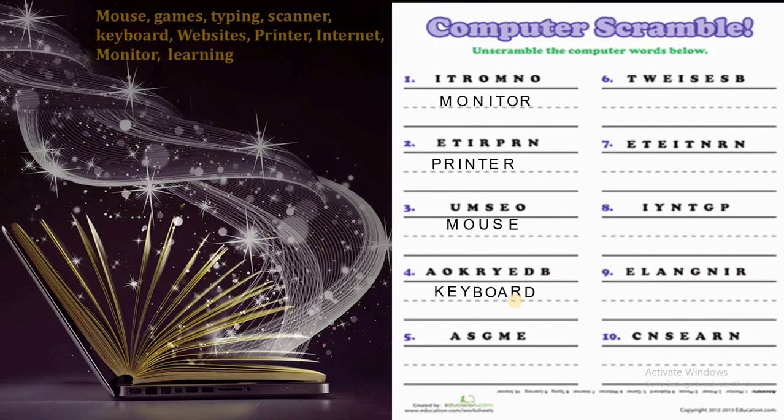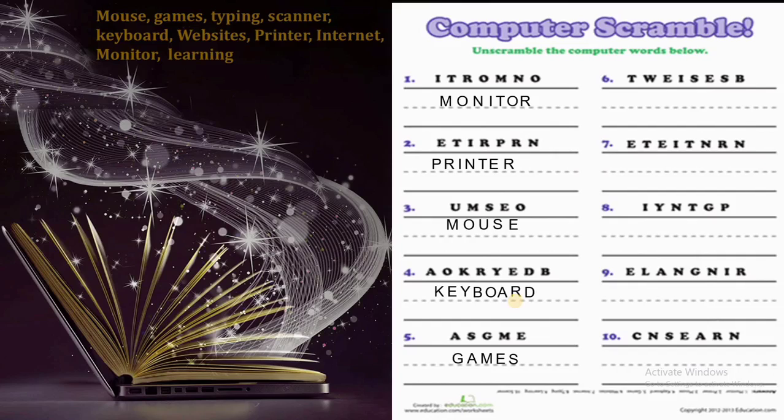And the first question I have already given about CD. What do you mean by CD? Now see the fifth number. G A M E S. Games. What do you mean by this unscrambled word? Games, right? What is the use of games?